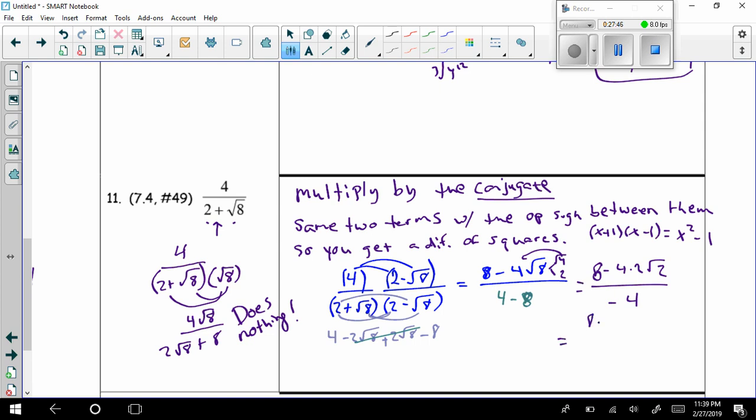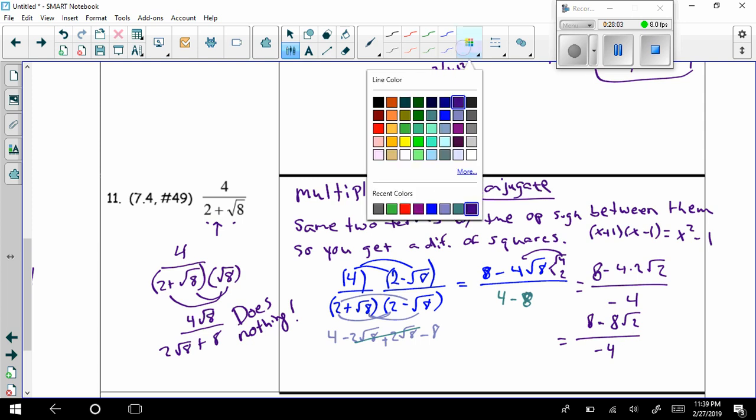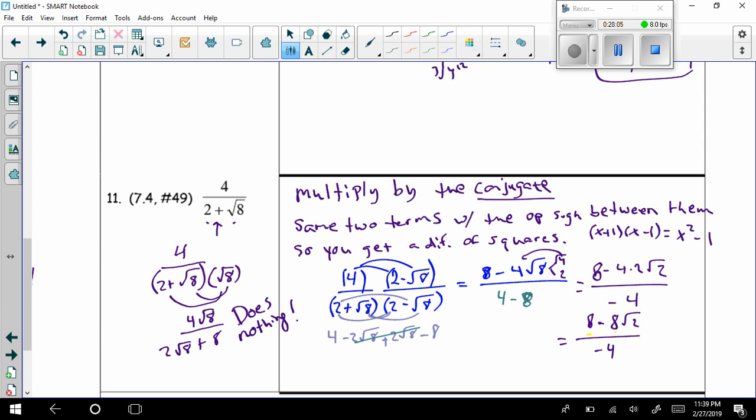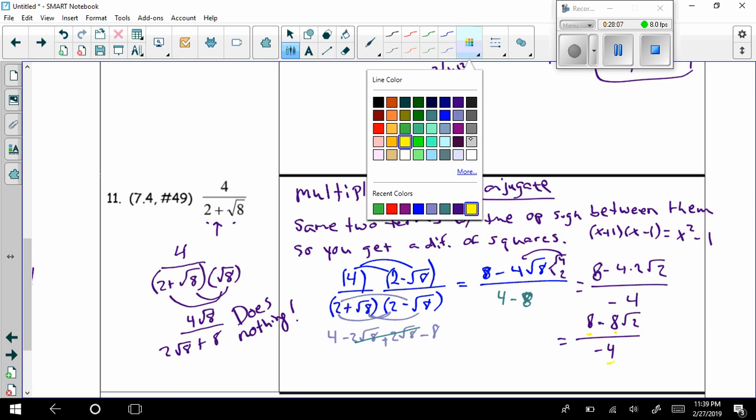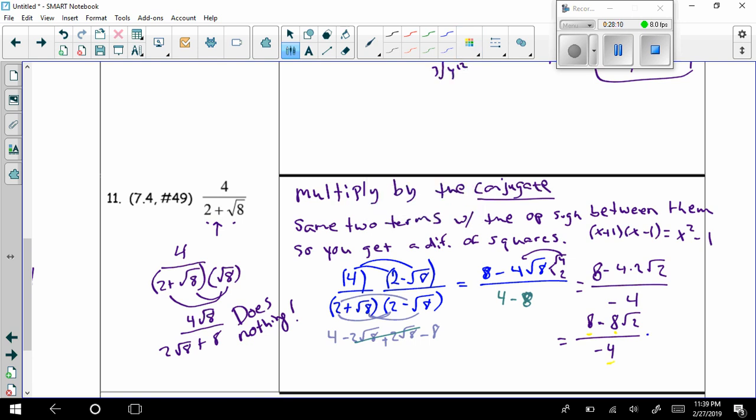So 8, goodness, I'm having trouble with my 8. 8 minus 8 root 2 over negative 4. Everything divides by negative 4. Remember, you can't divide inside a radical, so we're just looking at those outside numbers when I say that. So all of these divide. And so 8 divided by negative 4 is negative 2. Negative 8 divided by negative 4 is plus 2, root 2, and done.